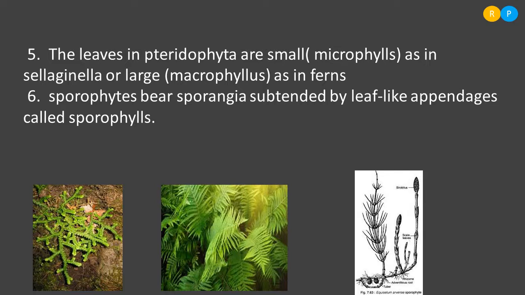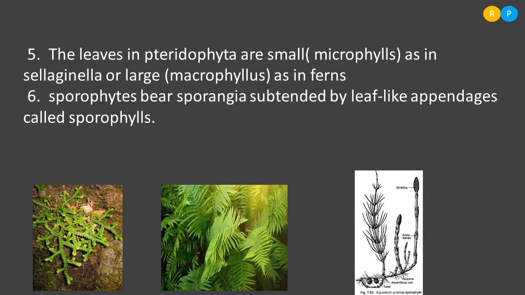Clear? So this is one more terminology. Sporophyll is the leaf meant for the formation of spores. If you observe that particular sporophyll, on the surface we can notice a receptacle, that means small sac-like structures. Those receptacles are considered as sporangia.